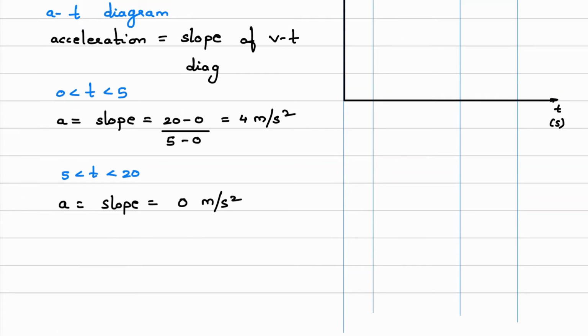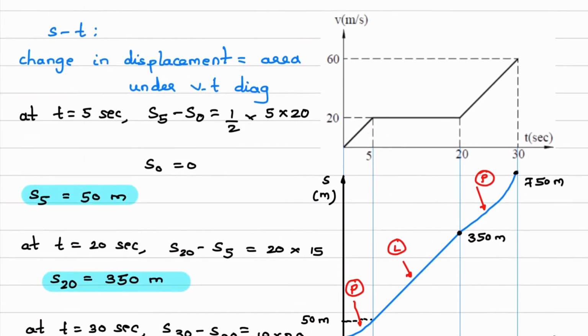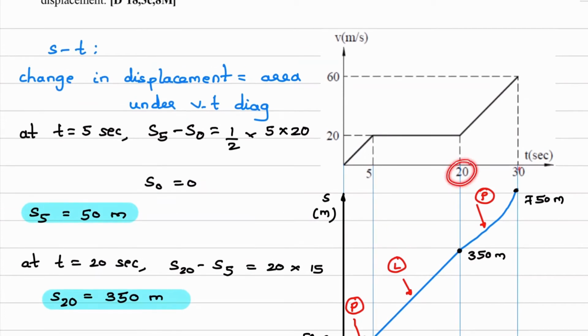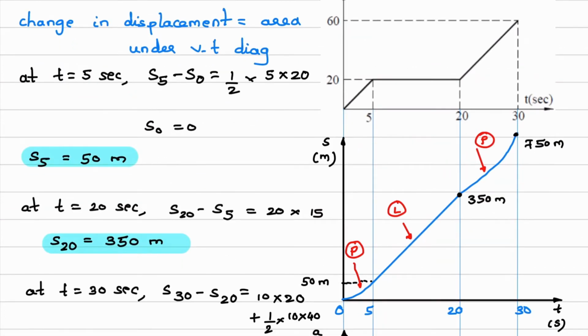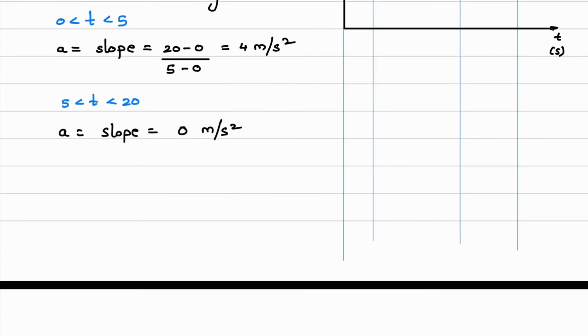Next we will see the time period on the x-axis from 20 to 30 seconds. So time is between 20 to 30 seconds. What will be the slope? Acceleration is equal to slope.